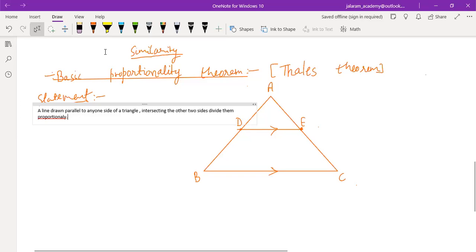Line drawn parallel to any one side of a triangle intersecting the other two sides divide them proportionally.